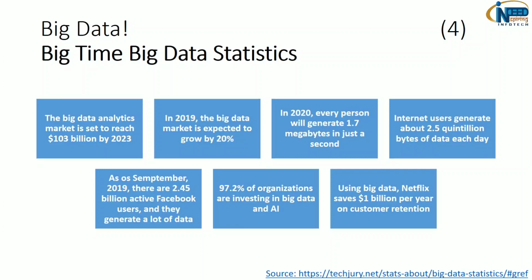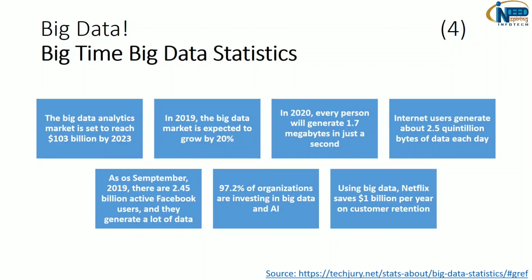In 2020, every person will generate about 1.7 megabytes in just a second. Internet users generate about 2.5 quintillion bytes of data each day. As of September 2019, there are 2.45 billion active Facebook users. 97.2% of organizations are investing in big data and artificial intelligence. Using big data, Netflix saves $1 billion per year on customer retention.